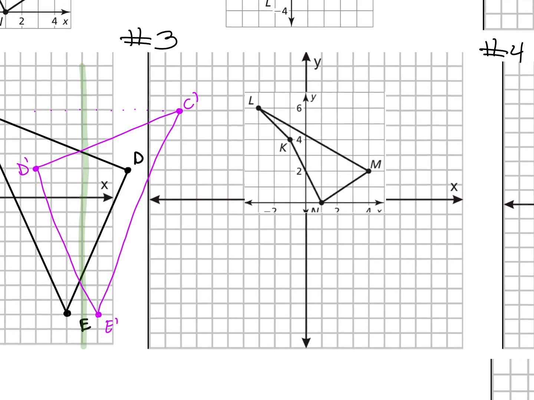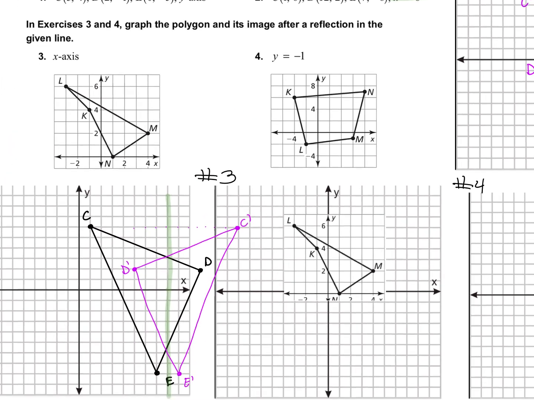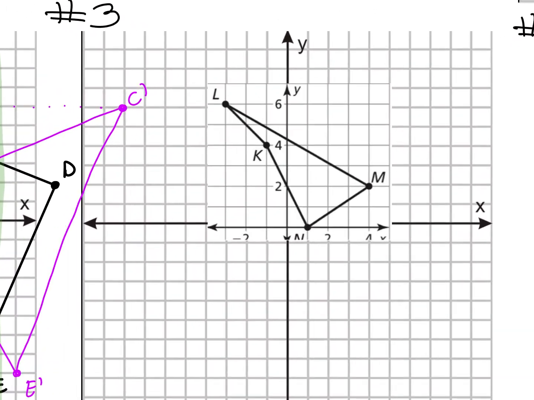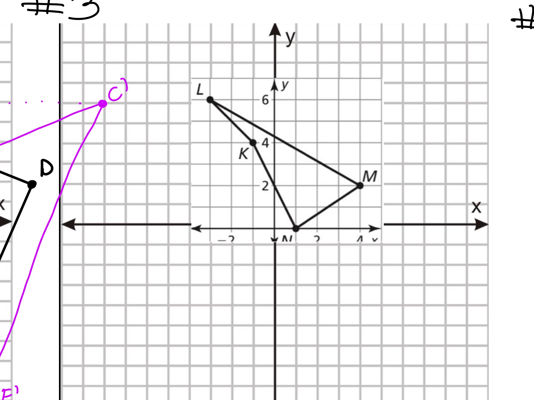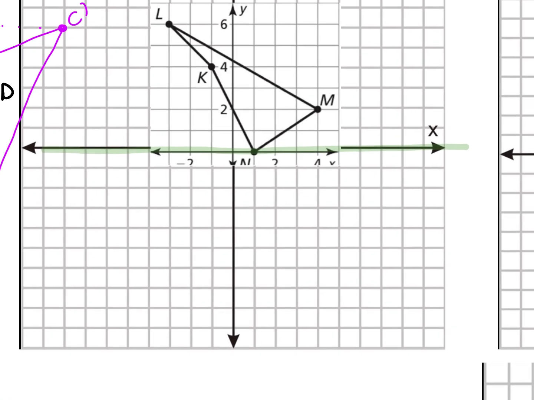All right, looking at number 3, it says it's reflecting over the x-axis. So again, my x-axis is right here. And I am doing the same thing as before, but now I'm going by 2s because the one I used is going by 2s. My n is going to stay the same. M is right here.